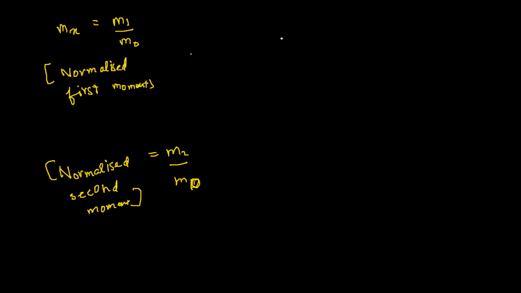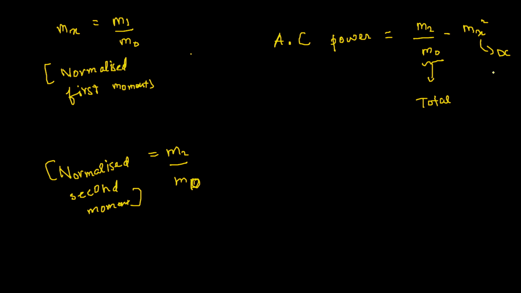Why this is significant is whenever we are talking about AC power, it's given by m2 divided by m0 minus mx square. So m2 by m0 gives me my total power, and mx square gives the DC power, right?